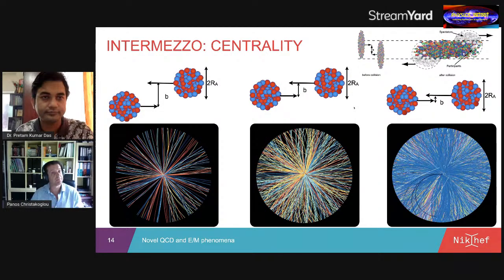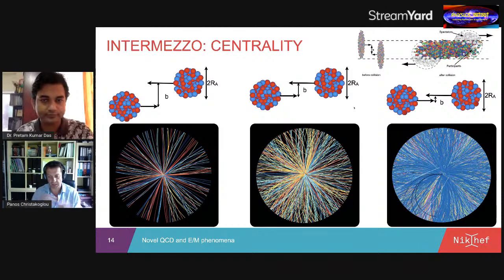size. And depending on how these 2 nuclei collide, we form different geometries. This is something distinct with respect to proton-proton collisions, or with respect to elementary collisions, for example, electron-positron collisions.